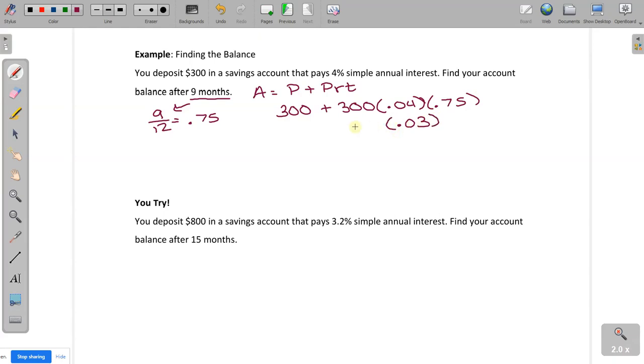We're going to multiply that by 300. And bring down everything else as is. Now 300 times 0.03 gives us 9. So we're going to add 9 to our original amount. So this is our interest, and this is our original amount. 300 plus 9 gives us a balance of $309.